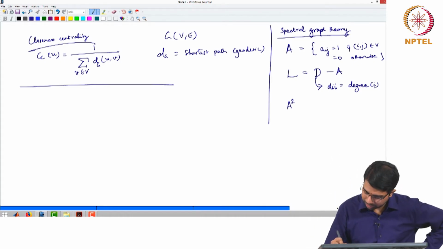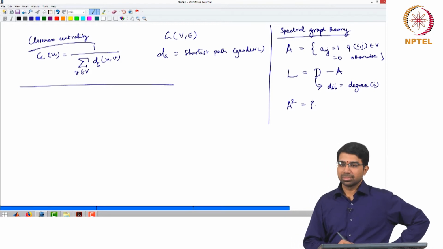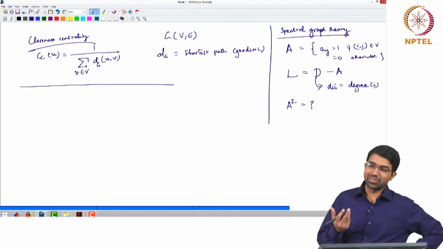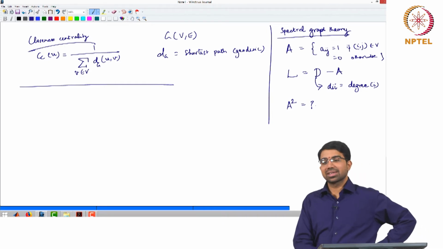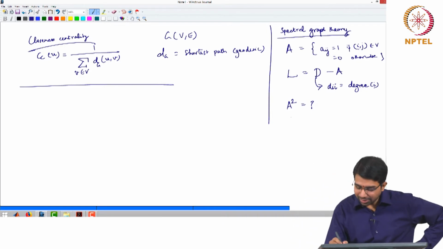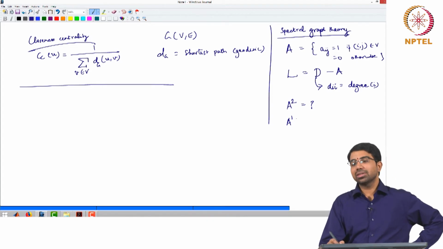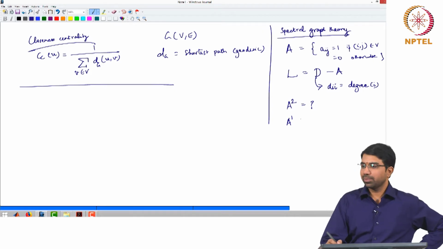Can you tell me what is A squared? Maybe I should reserve this for the lab and you actually try it and figure out what it looks like. A to the 1 essentially tells you if there is a path of length 1 between a node i and j.